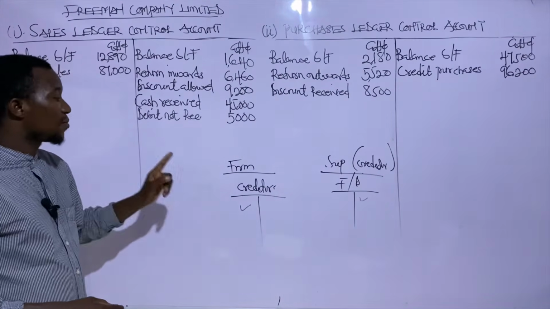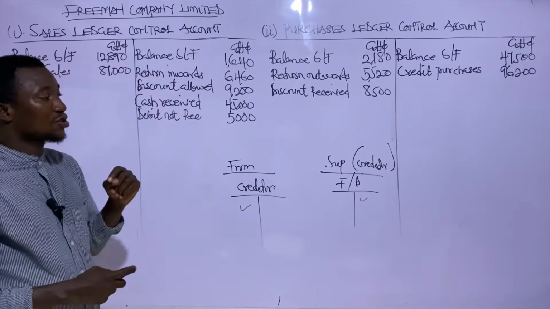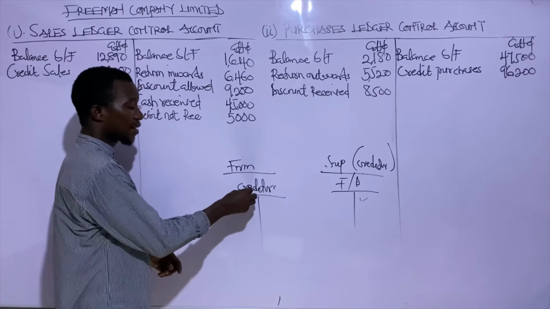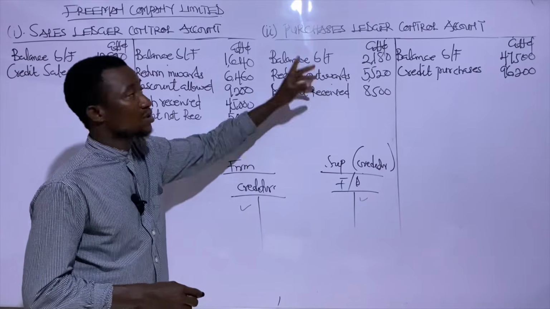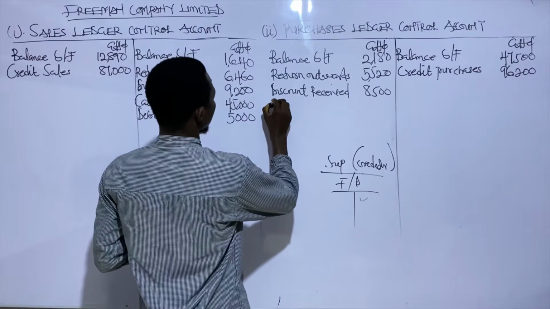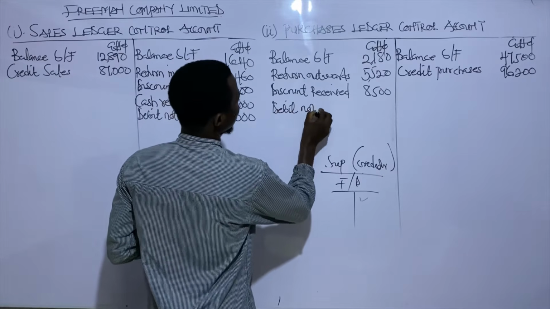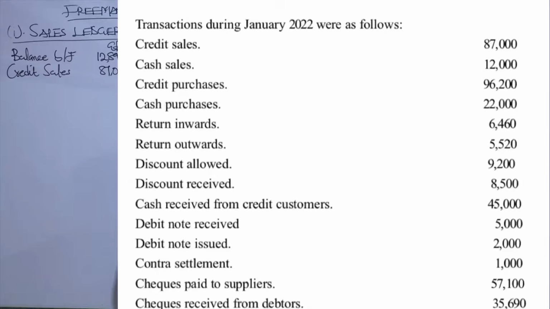Because it is being debited in the creditor's account, when we come to the purchases ledger control account, we debit, because this is the total creditors account. So debit note issued. Very good. And the amount there is 2,000.